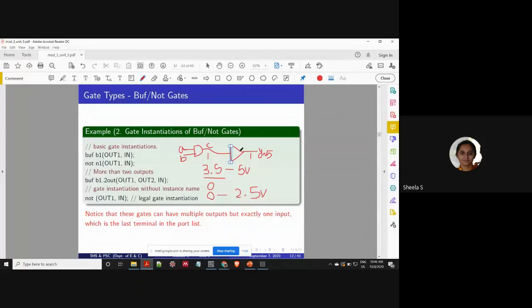Why do we want this? If an AND gate is driving more than one circuit, the current will be divided into two paths, isn't it?